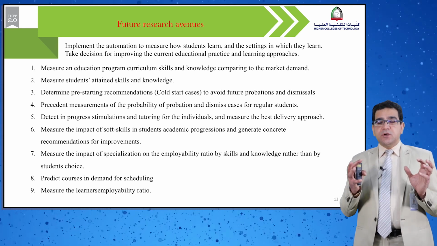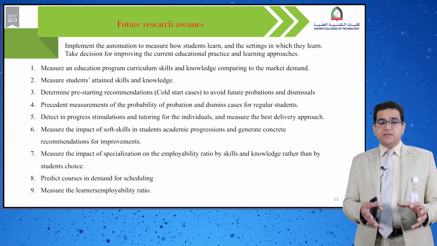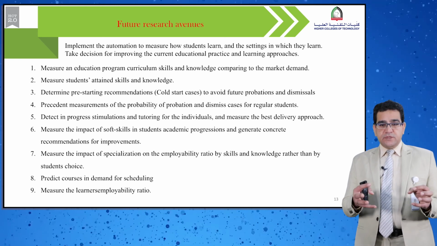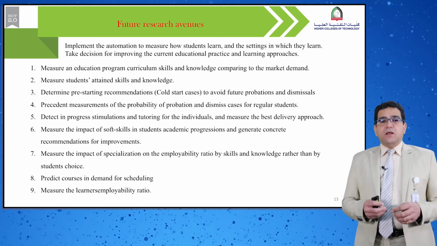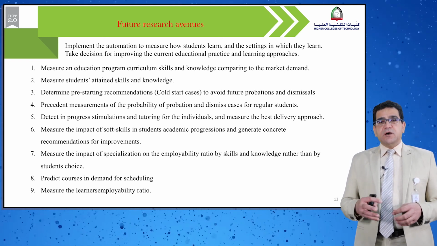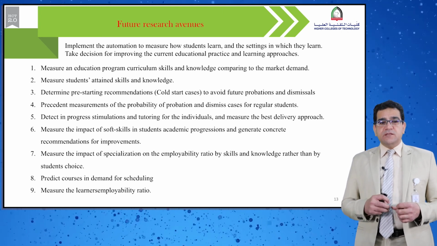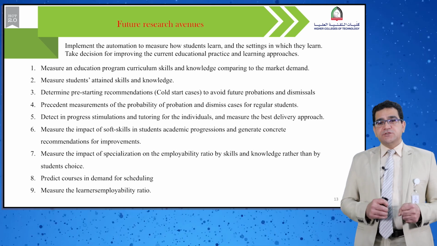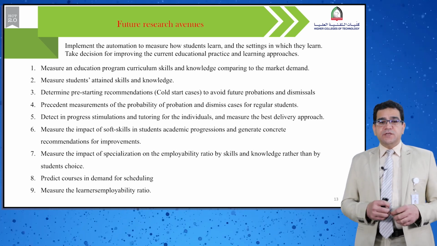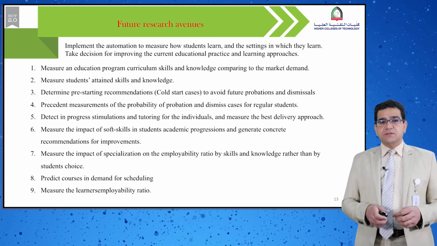We need to consider knowledge and the skills and give them also a chance for selecting their program, so it can work together, but not just by selecting any program. Then predict the courses on demand, and this will give a full support for scheduling and for the admin too, as well as to measure the leadership employability ratio which we need for our students to fit the market demand.